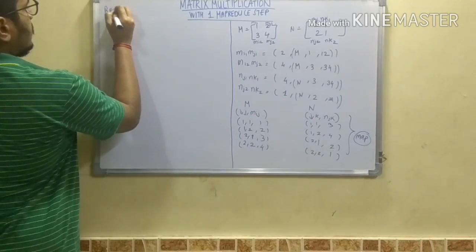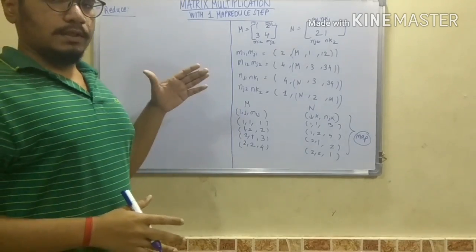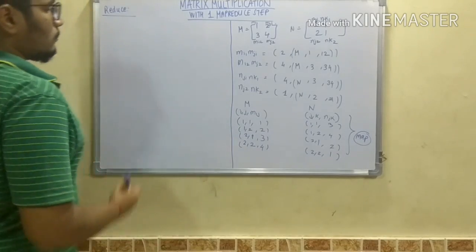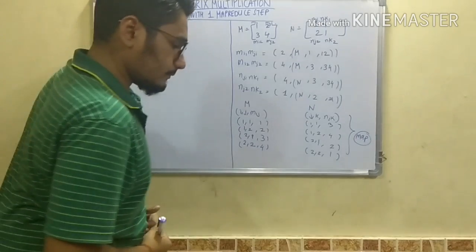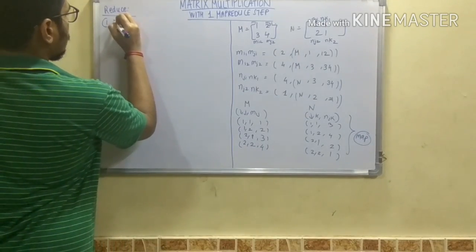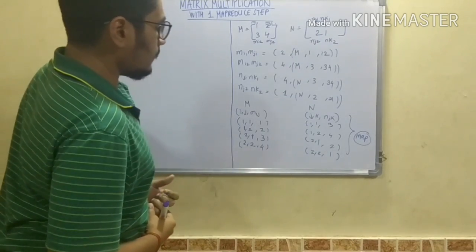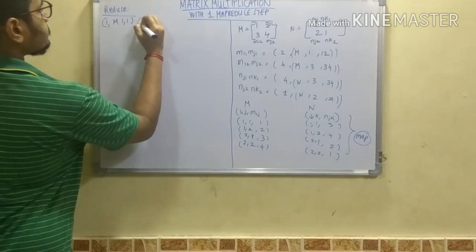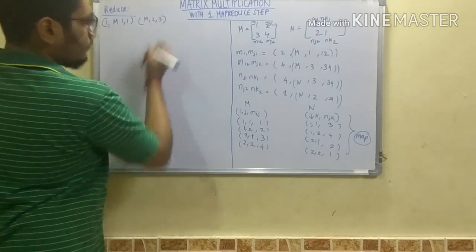So for reducing these steps, we first combine all these 1 denotations and 2 denotations separately. So first we have this one as M11, next we have M23, that is for M2,3.